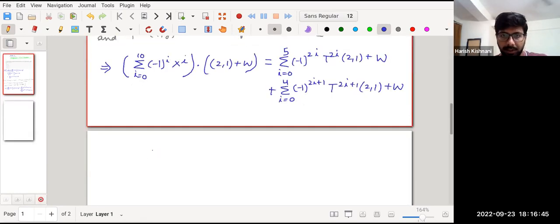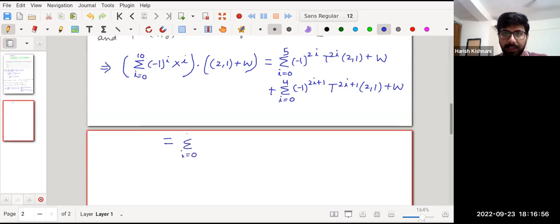Rest things should be okay. So what you have: when the index is even, that is when T has even powers, first of all, this minus 1 raised to 2i will be just 1. T of 2i is identity, right?